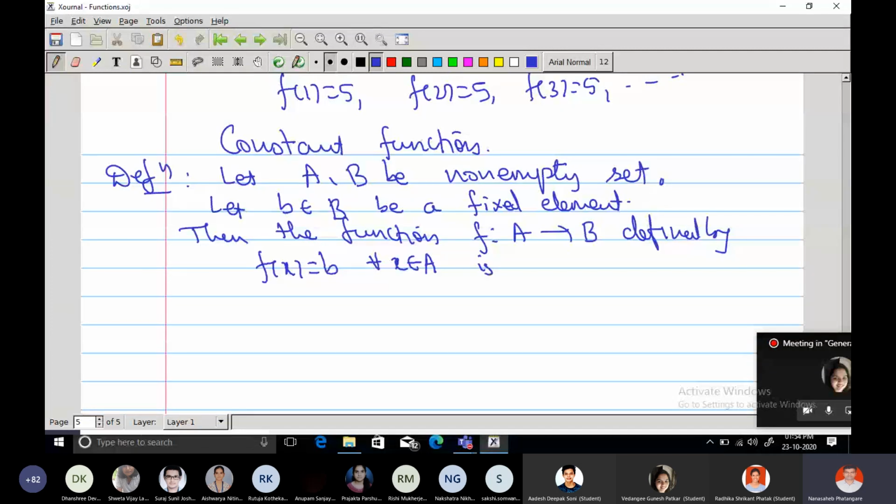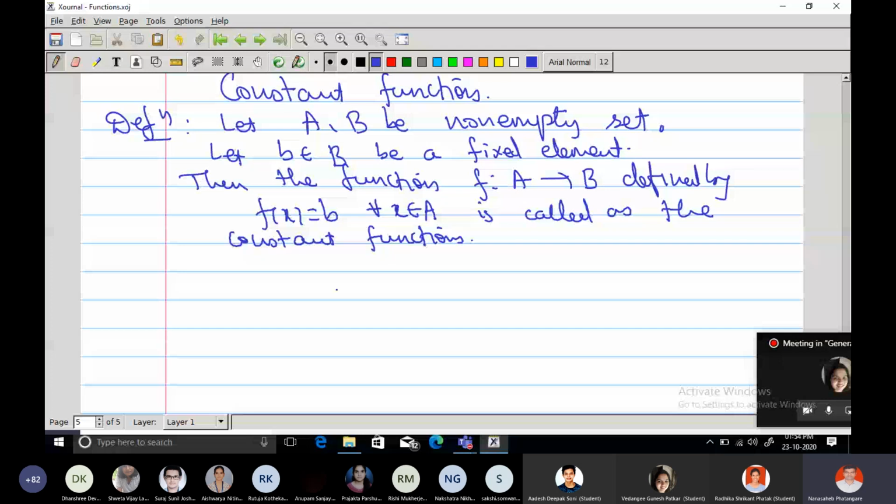This is called a constant function. Now you can have many constant functions available. You take any set of all students, set of all animals, set of all objects available. That is a constant function.